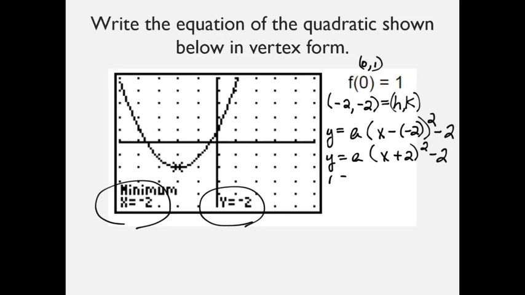So 1 is equal to a(0 + 2) squared minus 2. So when I add 2 across, you end up with 3 equals a times 2 squared. So 3 divided by 4 will equal a.